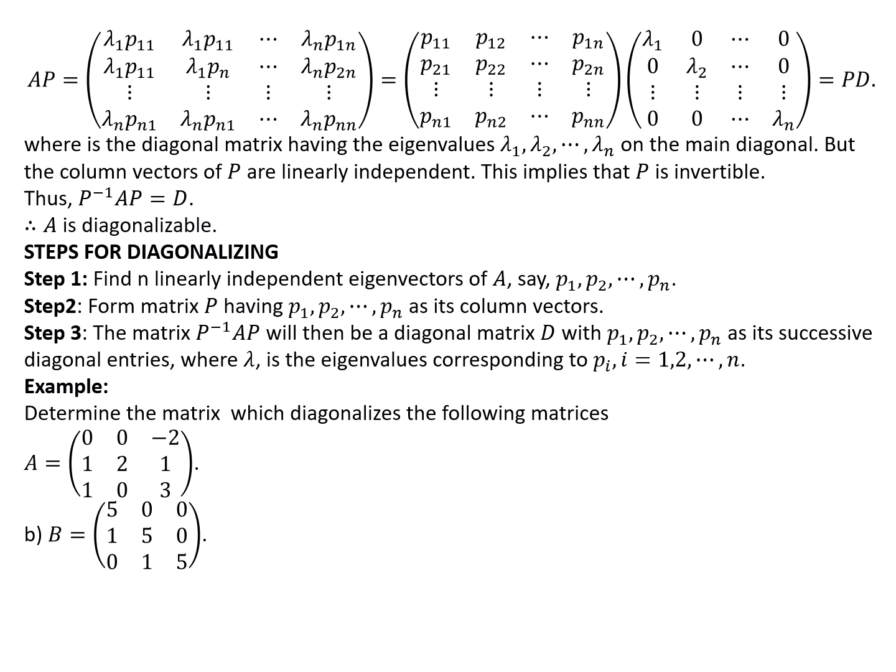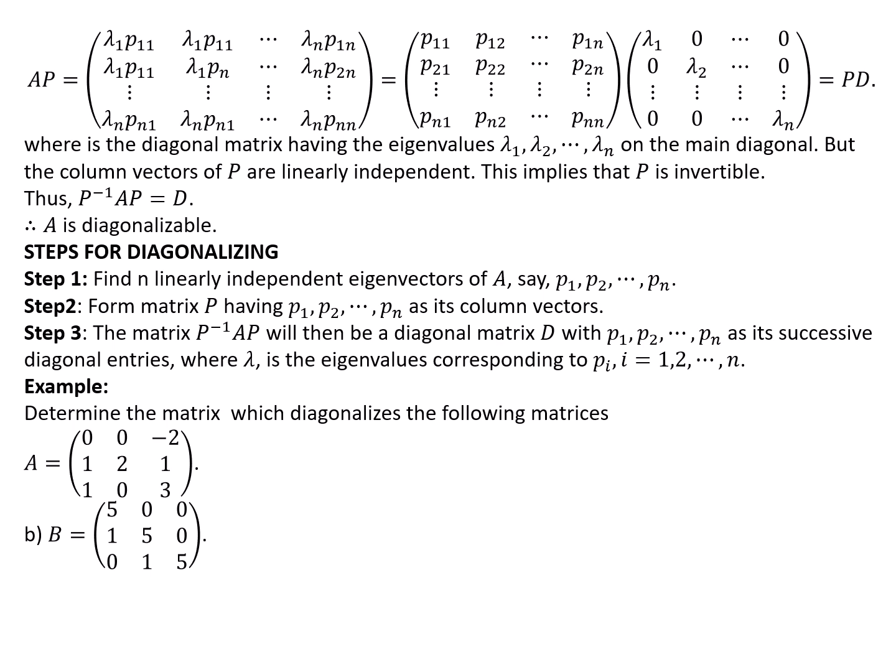Step 3: the matrix P inverse AP will then be the diagonal matrix D, with lambda 1, lambda 2 up to lambda n as its successive diagonal entries, where lambda is the eigenvalue corresponding to P. So P takes the values P1, P2, depending on the dimensions of the matrix.